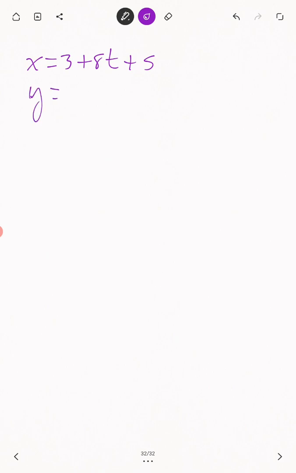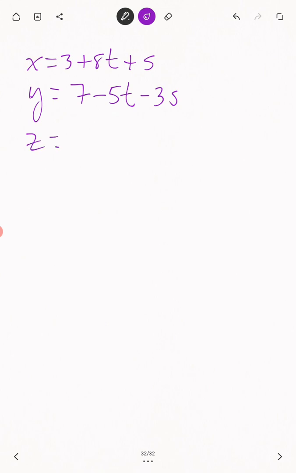Y would be equal to 7, first the middle component of the point or the position vector P0, plus, or minus in this case because it's negative, the middle component of the first direction vector times the parameter t, minus the middle component of the second direction vector times the parameter s.